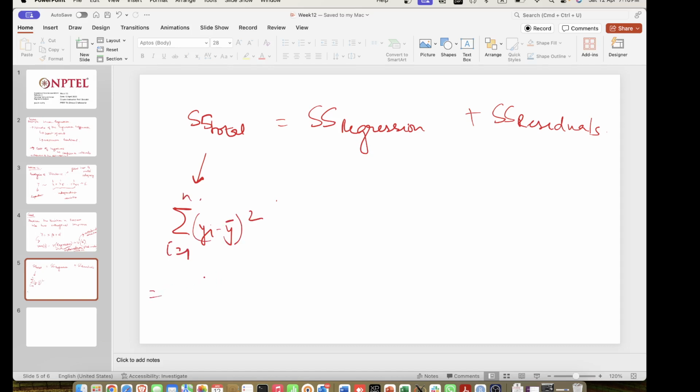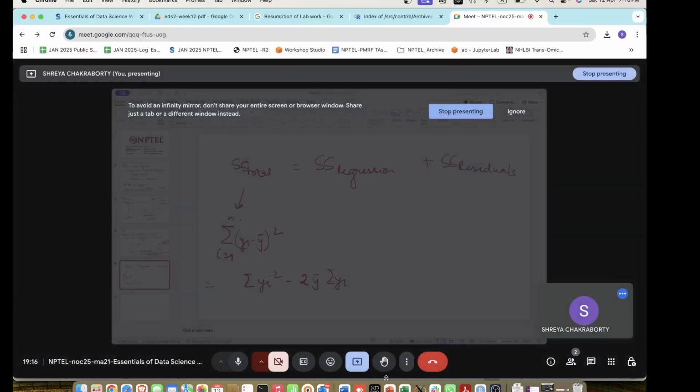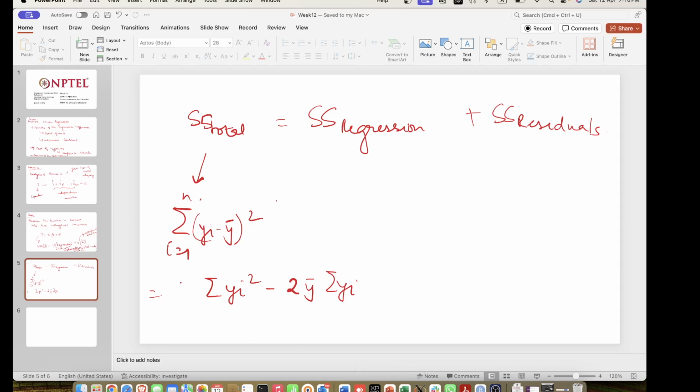This I can write as summation yi square minus 2 y bar summation yi plus n y bar square.